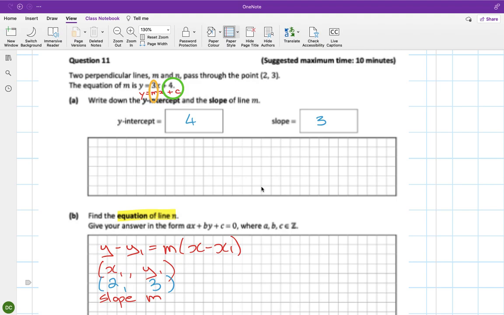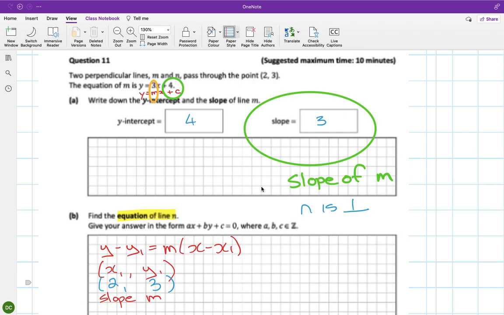Now the slope. It doesn't tell me the slope of n, but it does tell me that the lines are perpendicular, and we know the slope of m. This is the slope of m, and n is perpendicular to m.